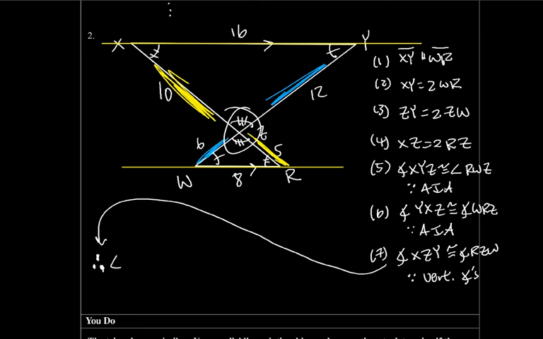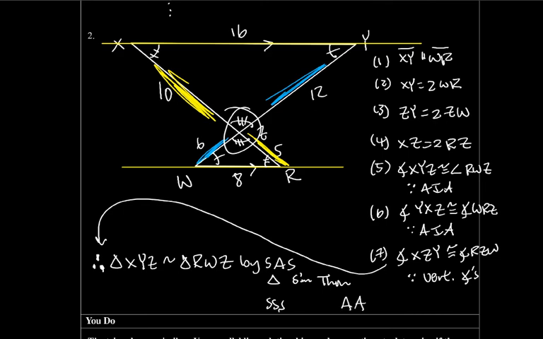So you can say triangle XYZ is similar to triangle RWZ by SAS triangle similarity theorem. Or you have all three sides actually, so you can say by SSS, and if you can get two angles pretty easily, so AA works here also. So here you're given enough information to do all of those.